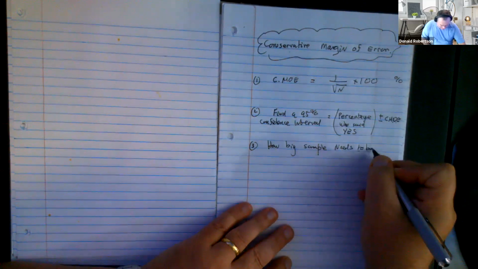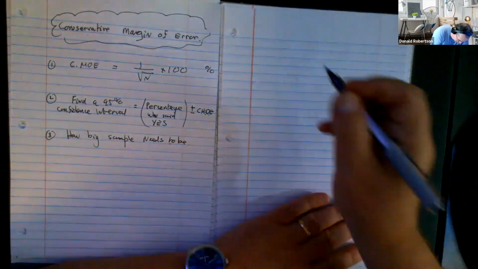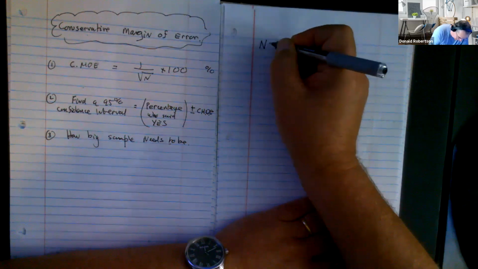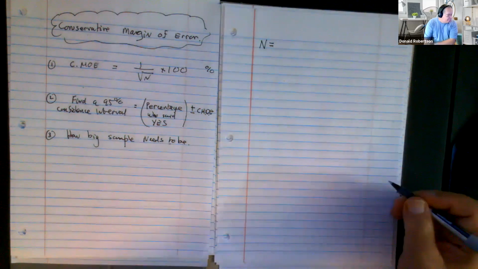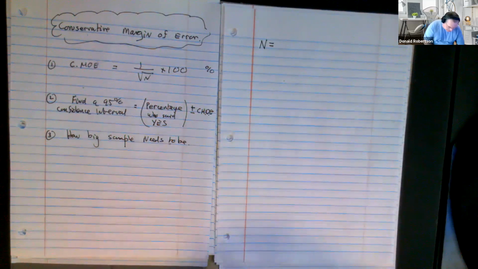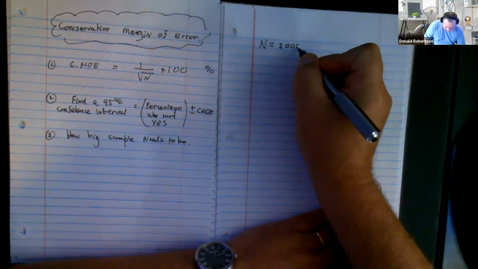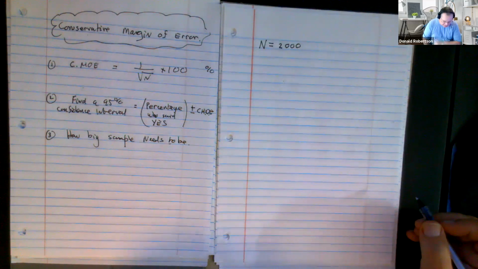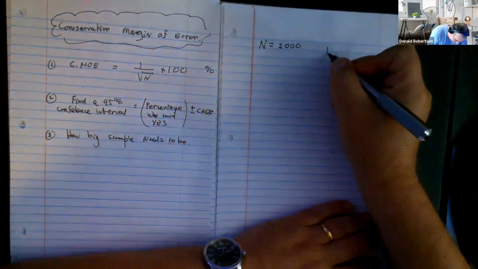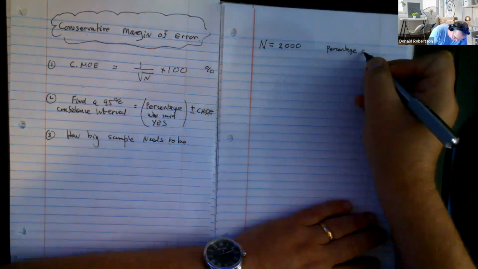So I'm just going to do one story based on that, just so I'm comfortable that we've covered it in enough detail. Let's suppose that you're interested in the number of people who have been to Scotland. You collect a nice random sample of 2,000 adult Americans, and the percentage who said yes, I've been to Scotland, was, let's say, 12%.